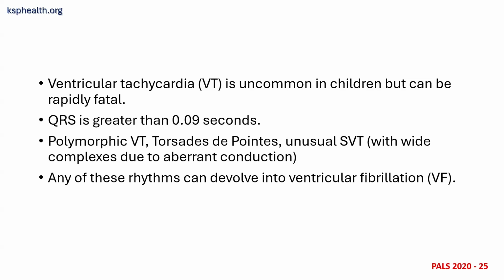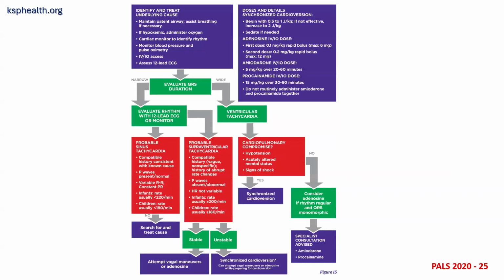If it is polymorphic, that means it may degenerate into ventricular fibrillation or torsades. Be careful: torsades and unusual SVT with wide complexes due to aberrant conduction. Any of these rhythms can devolve into ventricular fibrillation. So when you see polymorphic VTAC, torsades, and unusual SVT, act promptly. Otherwise, it will degenerate into ventricular fibrillation.